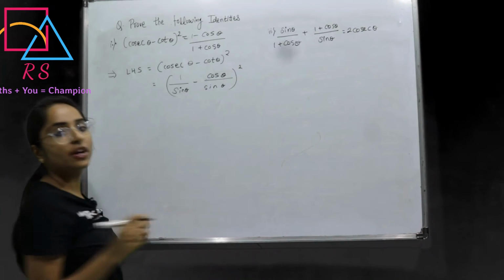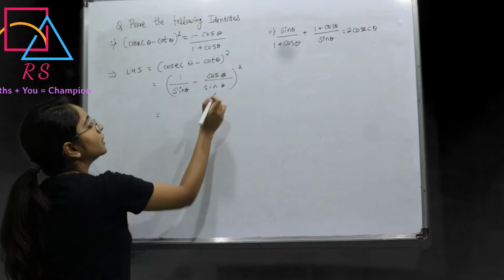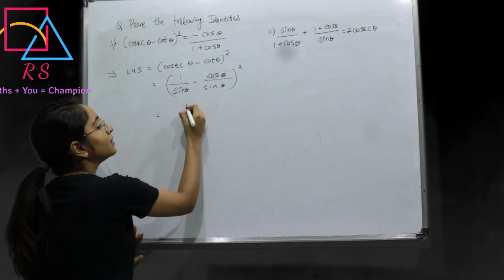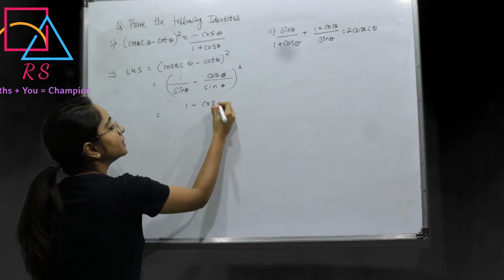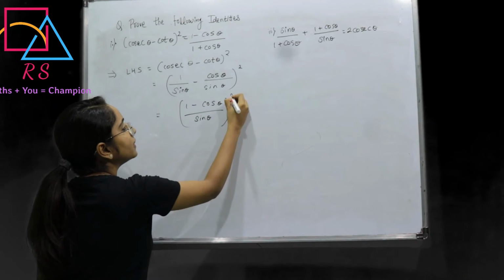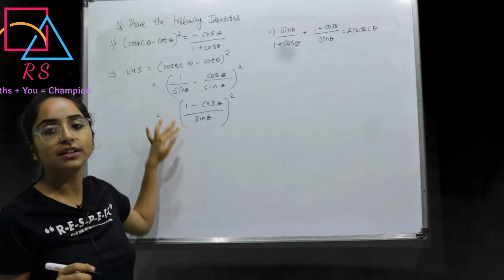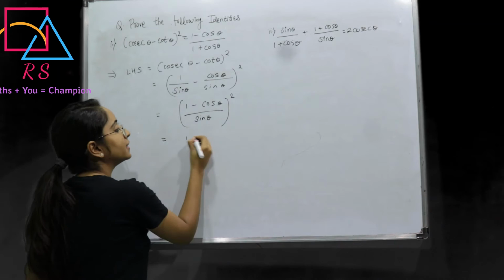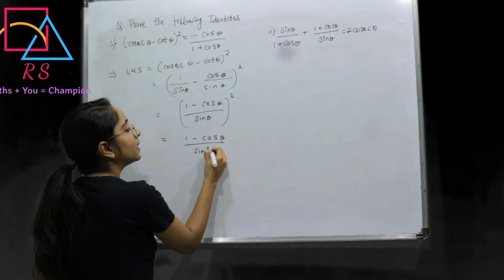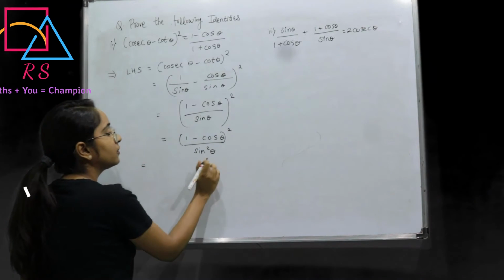Further, we just have to simplify the values and get the result. Here, as the denominator is the same, we will subtract the numerators: 1 minus cos theta upon sin theta, whole square. Separating the squares for numerator and denominator, we get 1 minus cos theta whole square upon sin square theta.